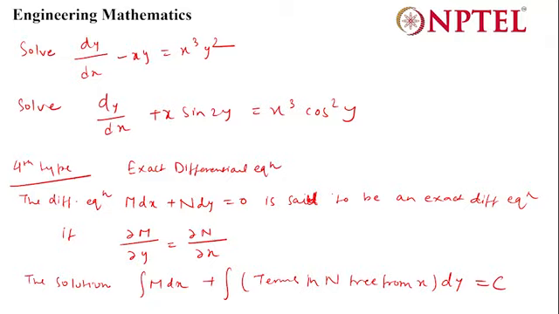Okay. We'll do one example, which is (xy square plus x) dx plus (x square minus y) dy is equal to 0.